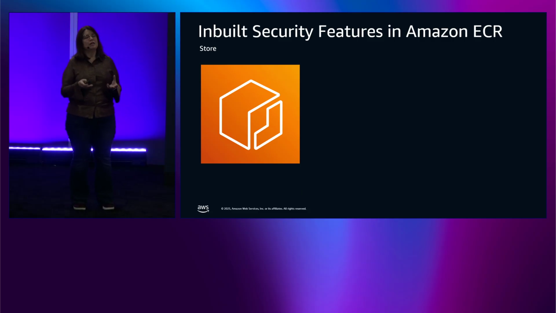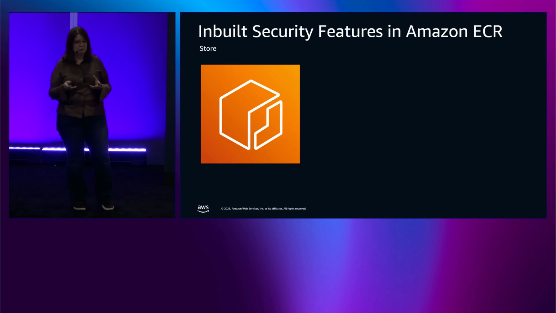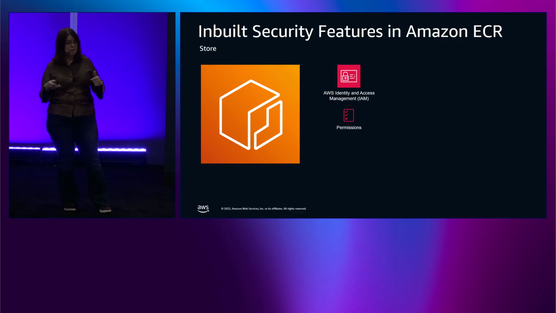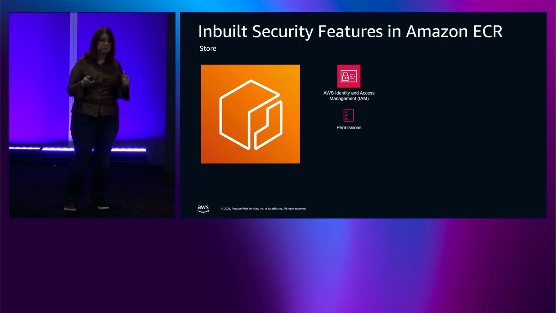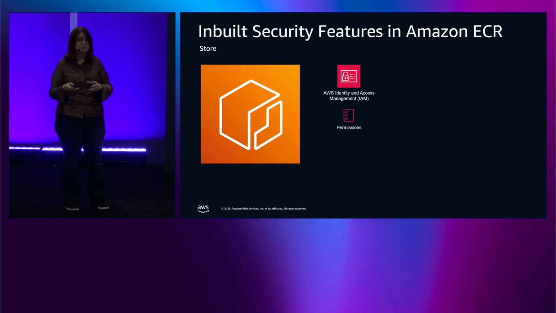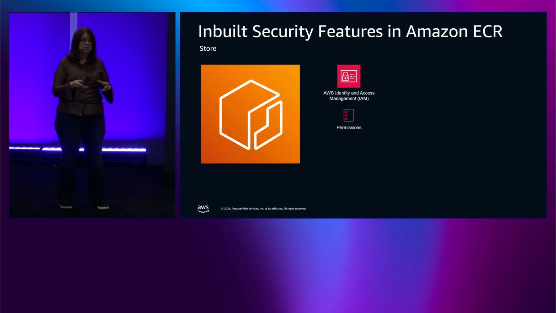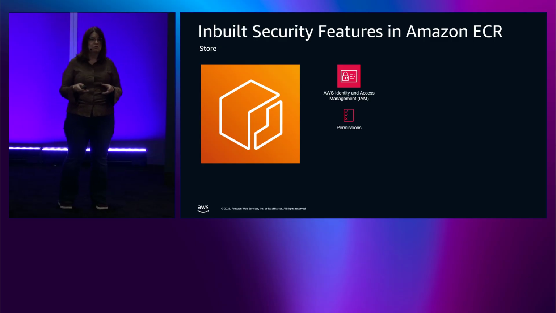So some of the inbuilt security features in Amazon ECR are the following. Amazon ECR, like other AWS services, integrates with Identity and Access Management. That means you can control who's allowed to push or write images into your container registry, but also who's allowed to pull those images from your registry.